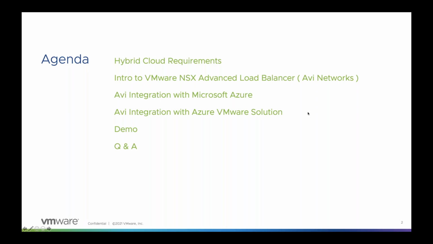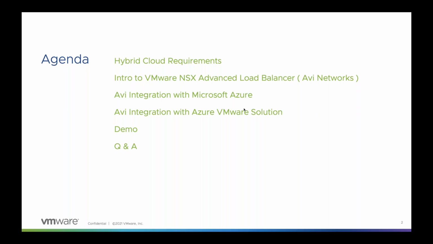A quick note on the agenda. We'll be looking at what the current landscape around hybrid cloud environments is, what some of the use cases are that we are seeing from our customers as well as the industry, and what requirements they bring for application delivery. We'll take a very quick look into the Avi Networks solution, which is also called the VMware NSX Advanced Load Balancer.